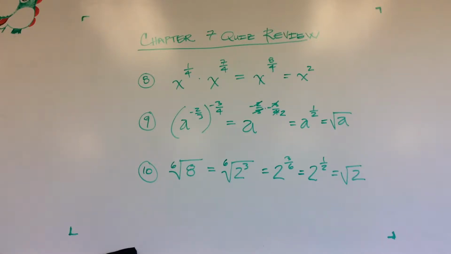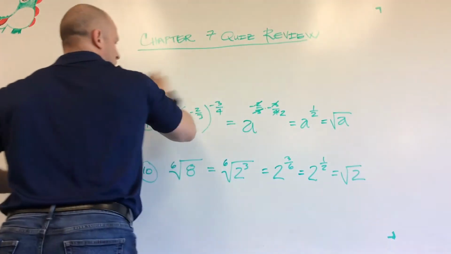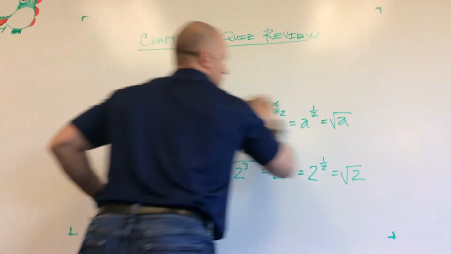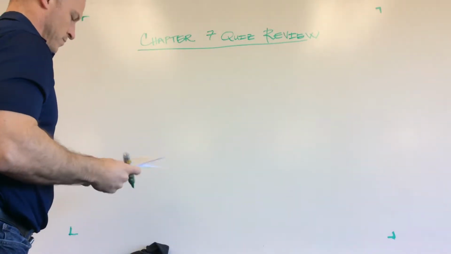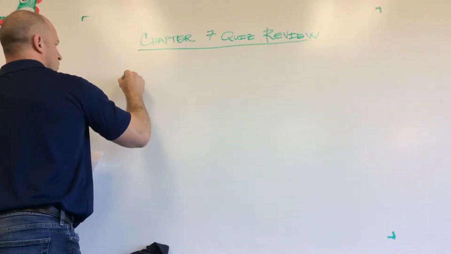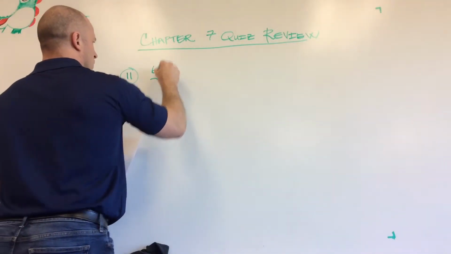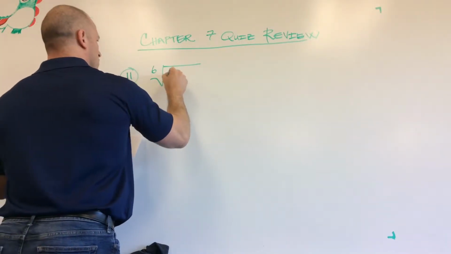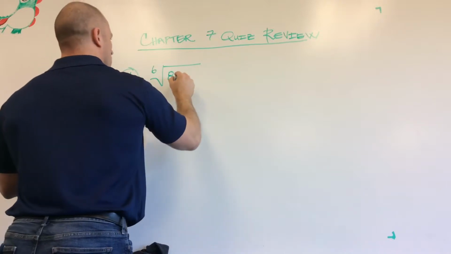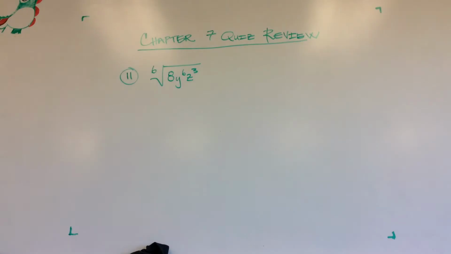The next page, with numbers 11 and 12, the instructions remain the same. Just simplify each expression. All right, so there's the initial problem for 11.